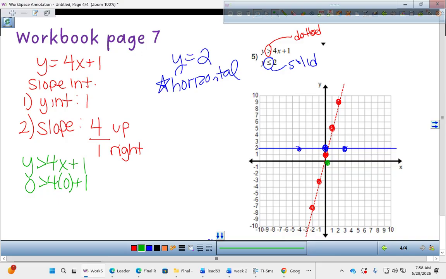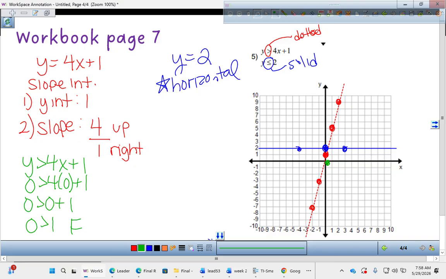We end up with 0 is greater than 0 plus 1, because 4 times 0 is 0, and 0 is greater than 1. 0 is not greater than 1. This is false.